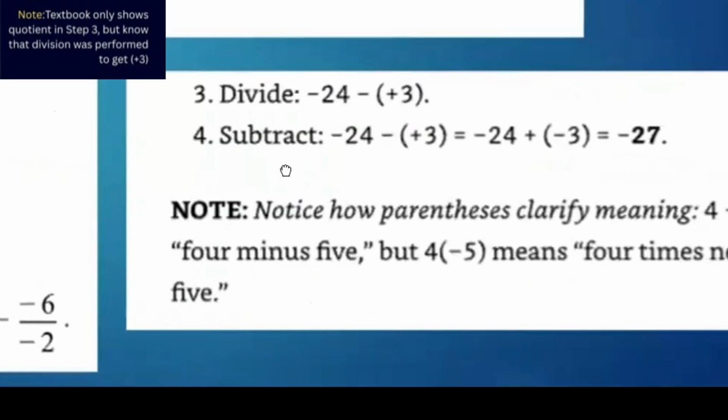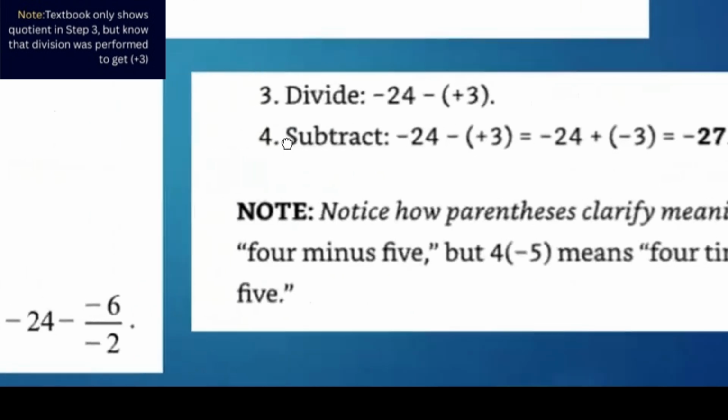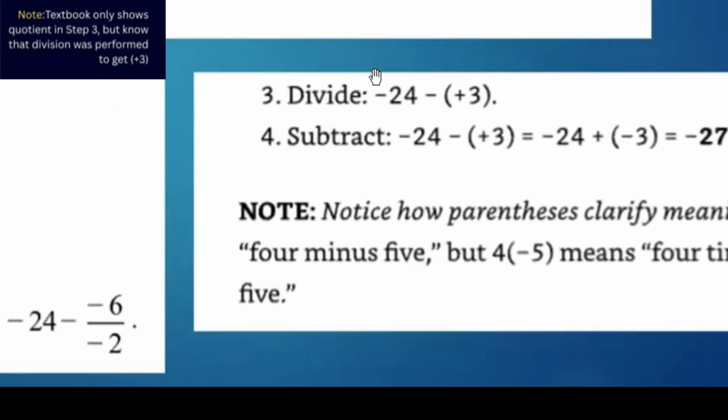I know it's a little bit confusing the way that they set it up, but just try to keep track of what's happening with the negative number. Once we've divided, we have our negative 24, which we're subtracting from our fraction, which was positive, right? You don't just ignore the operation, you don't just ignore the signs.